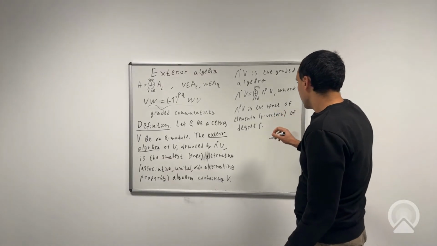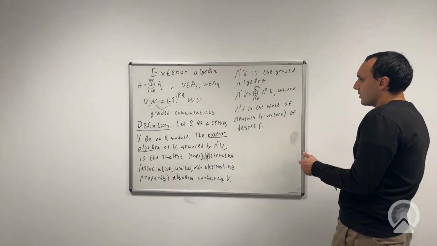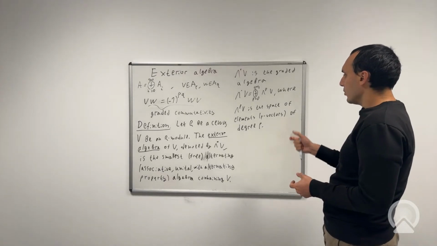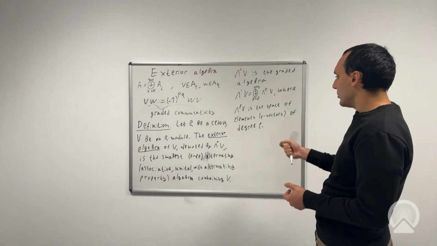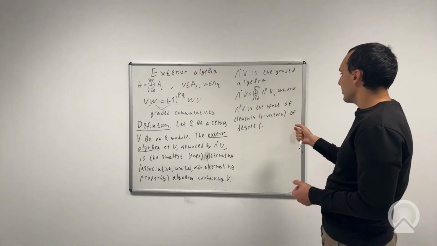And these are linear combinations of monomials of degree p. Monomials of degree p is just abstract multiplication of p vectors.